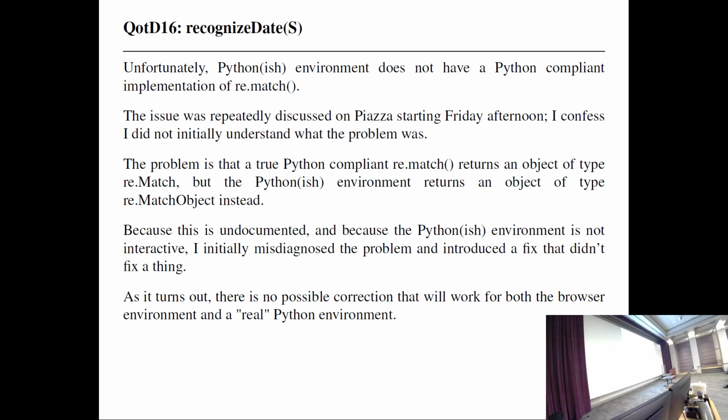This is wrong in so many ways, right? This is a really bad idea in so many ways, but it's extremely convenient when you're teaching to be able to say, here's a file, look at it in your browser, write some code and turn it in. It's fast and easy. And occasionally it bites us. So I apologize for the difficulties that some of you had, but now at least you understand what the deal was. It turns out there's no correction that's possible that will work for both.